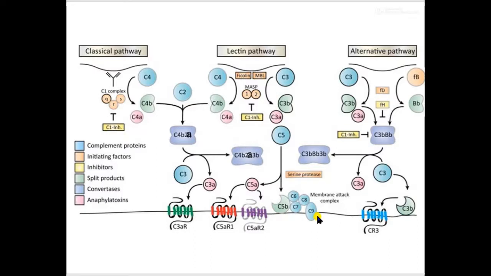So we started with the classical pathway like this. You have the antigen antibody complex, and onto that the C1q binds, then C1r and S bind, and once they are activated, they will split the C4 component and the C4b component gets bound to it. Then further the C2 gets split and it forms 2a, 2b, and 2a binds to the antigen antibody complex.